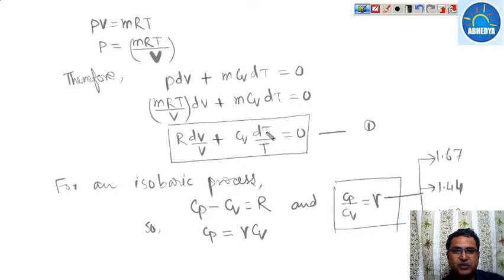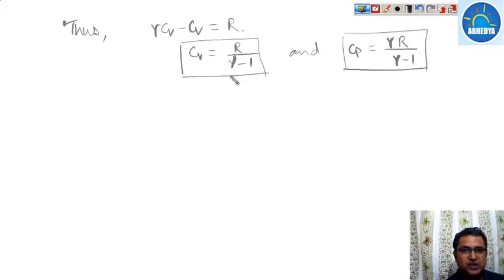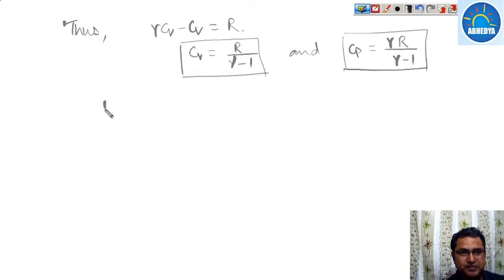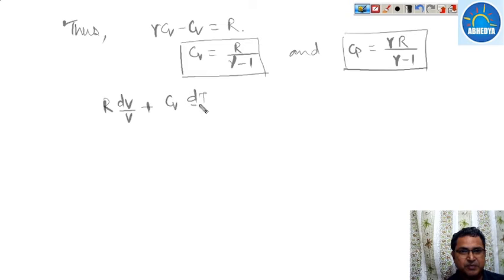Now put the value of Cv in equation number 1. Cv is equal to R upon gamma minus 1. Equation number 1 is R dV upon V plus Cv dT upon T is equal to 0.